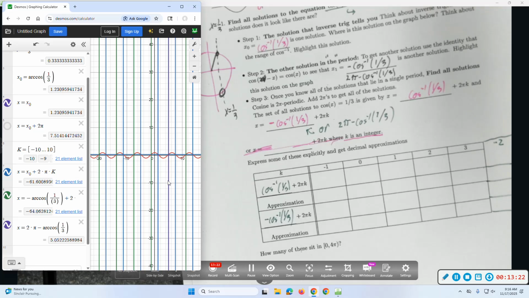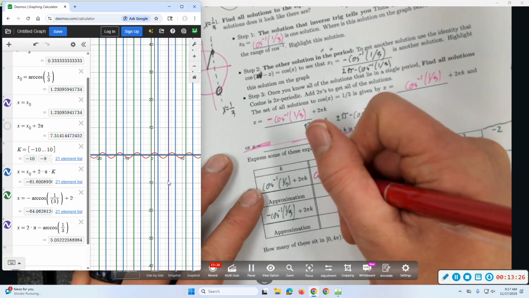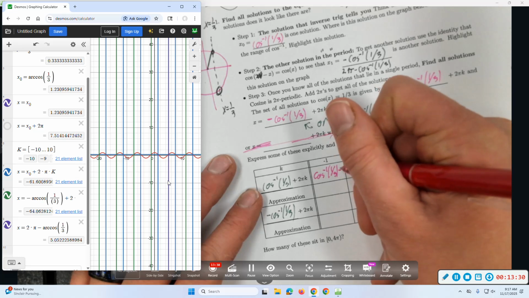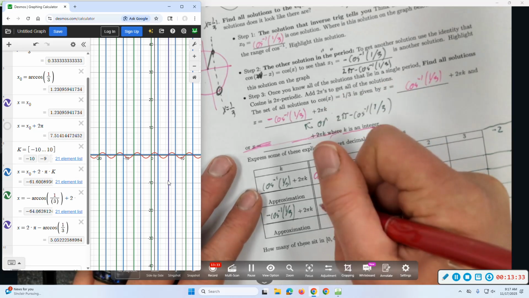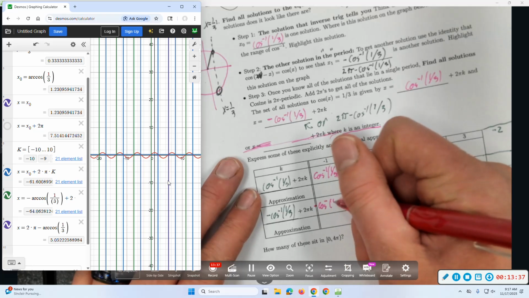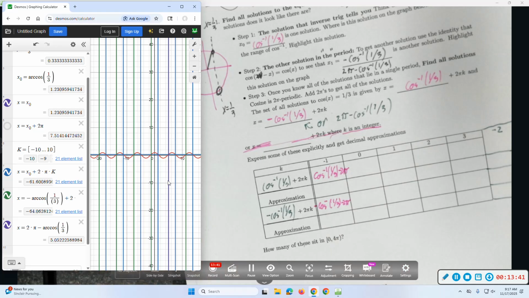The first column is going to be cosine inverse of 1 over 3 minus 2 pi, and negative cosine inverse of 1 over 3 minus 2 pi. Once you get those decimal approximations, tell me what you get. Make sure you're in radian mode. You'll be able to tell because you'll get a number that doesn't look like it's in degrees.